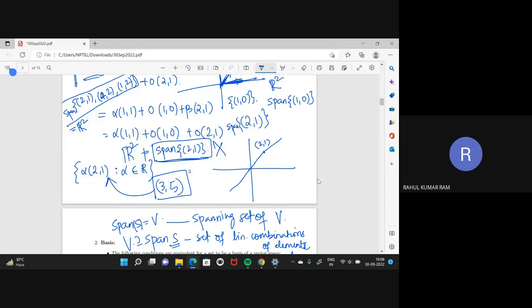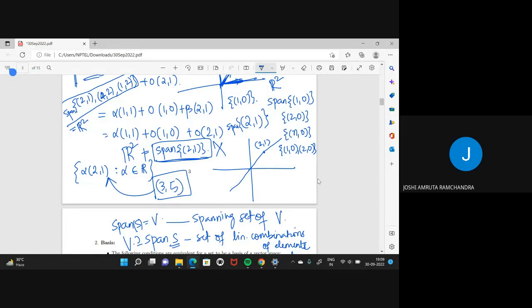Yes, ma'am. Is (2, 0) a spanning set for the x-axis? Yes. Is any (n, 0) a spanning set for the x-axis? Yes. Is {(1, 0), (2, 0)} a spanning set for the x-axis? Yes. So once you get a spanning set, you can generate infinitely many spanning sets, right? Take union, take scalar multiples, all that.